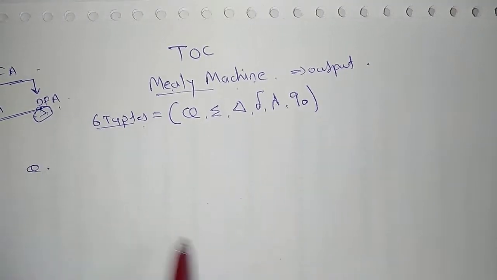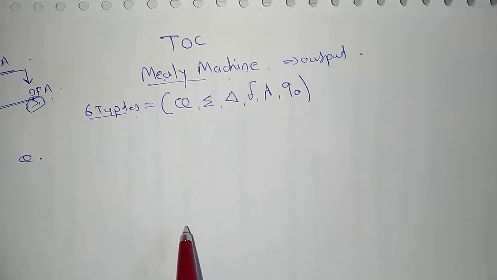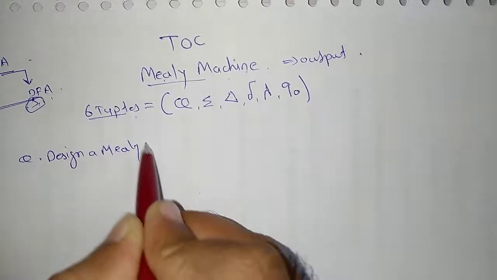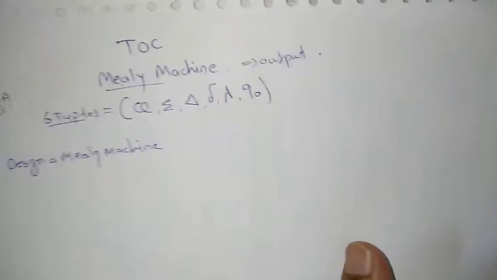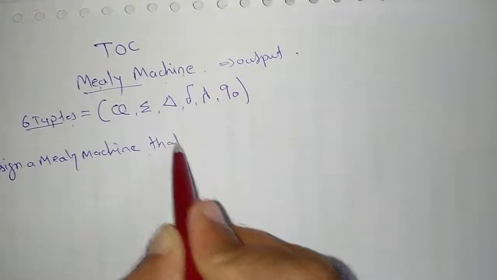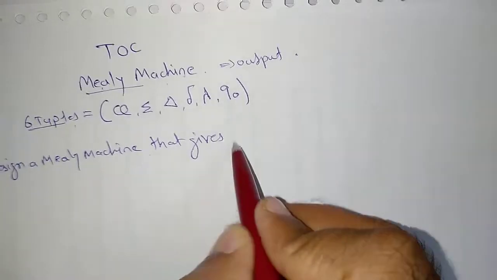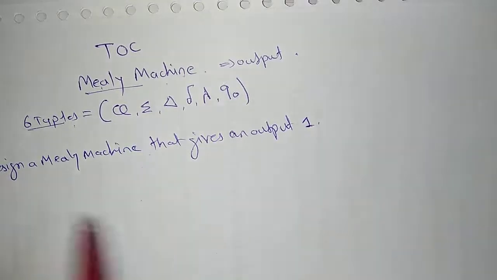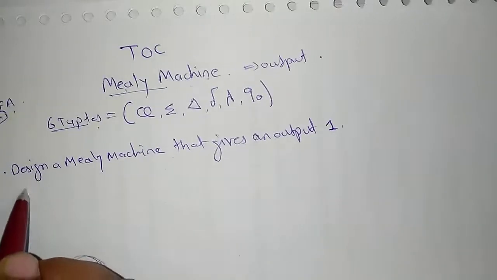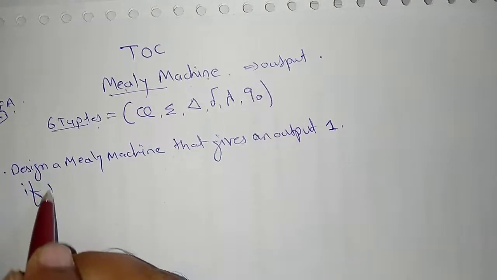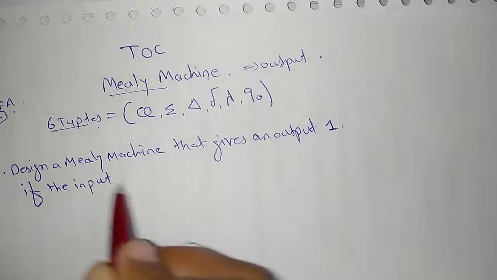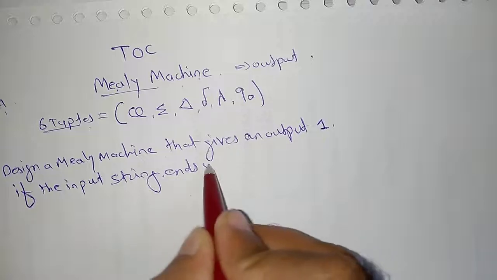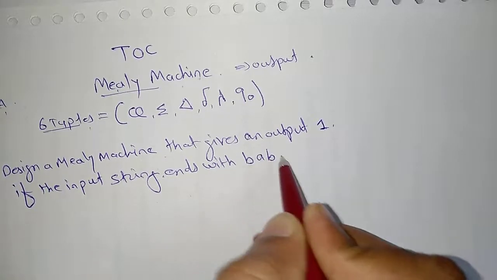So the first question, very simple: design a Mealy machine that gives output 1 if the input string ends with BAB.